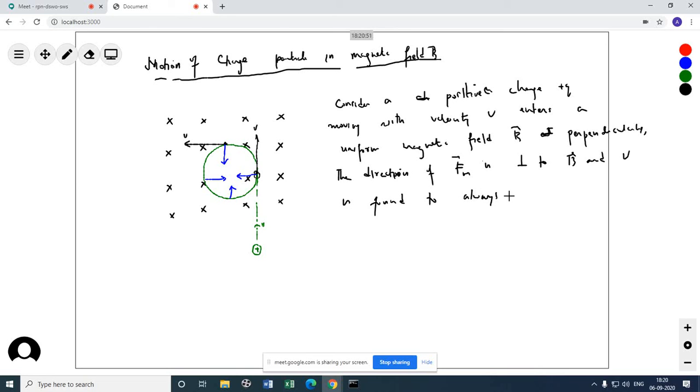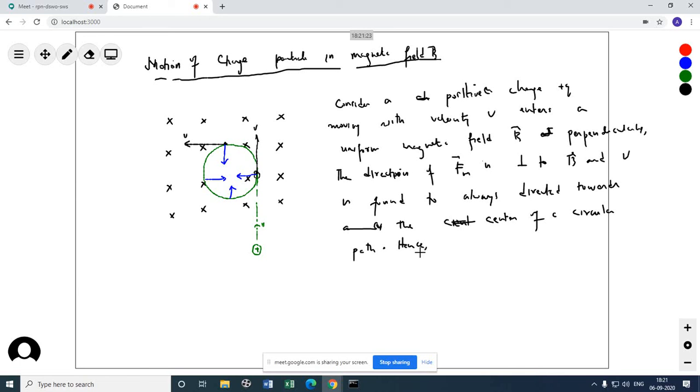The direction of Fm, perpendicular to B and V, is found to be always directed towards what? Towards the center of a circular path.